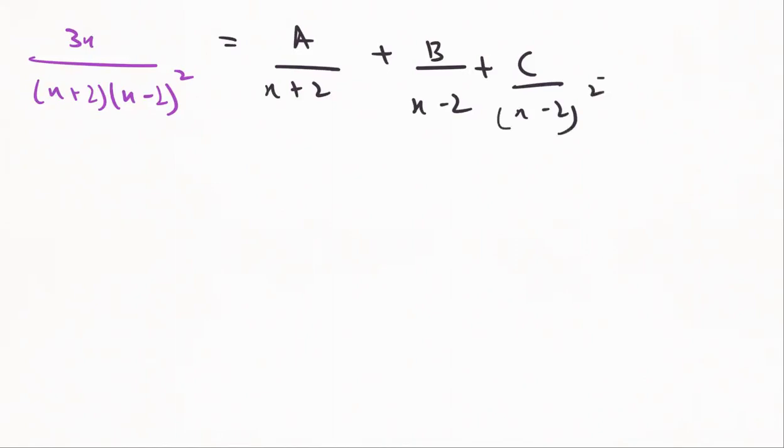Why have I written (x minus 2) square and (x minus 2) separately? Yes, you are correct, because these are repeated roots.